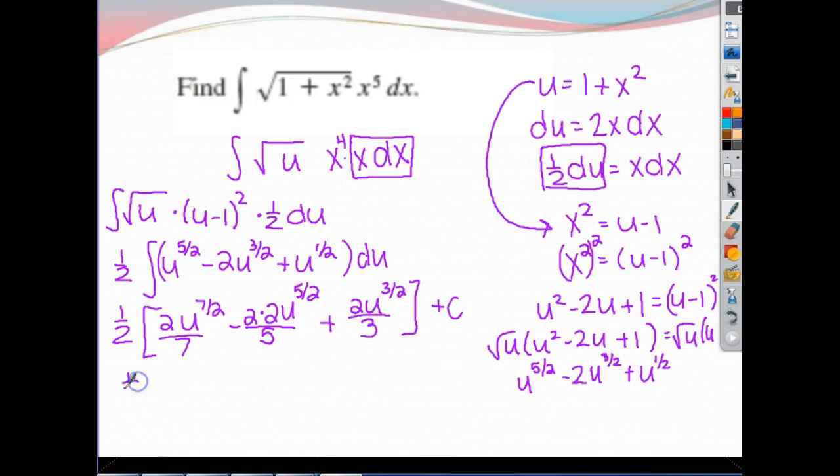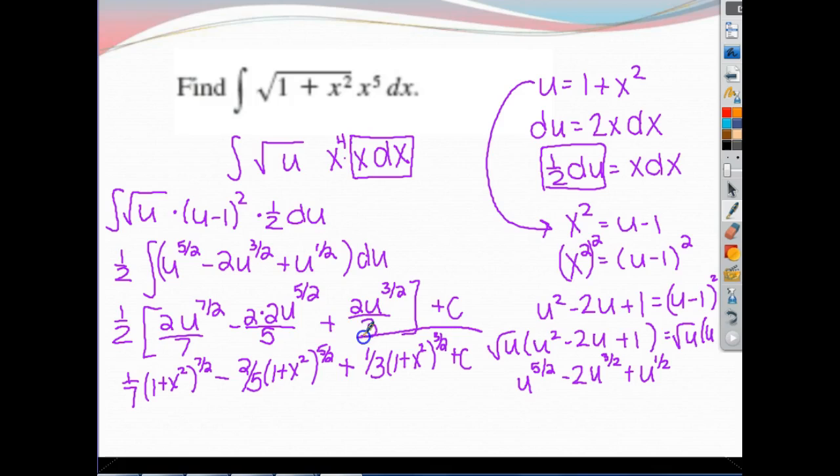So you'd get 1/7, 1 plus x squared to the 7 halves. Minus the 2 would cancel. 2/5, 1 plus x squared to the 5 halves, plus the 2's would cancel, 1/3, 1 plus x squared to the 3 halves, plus c.